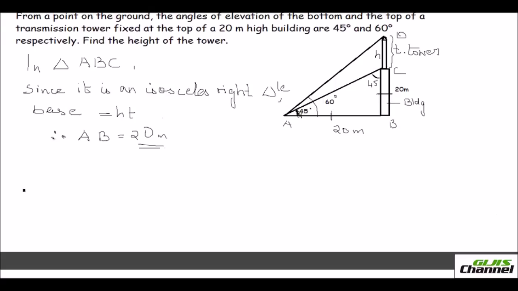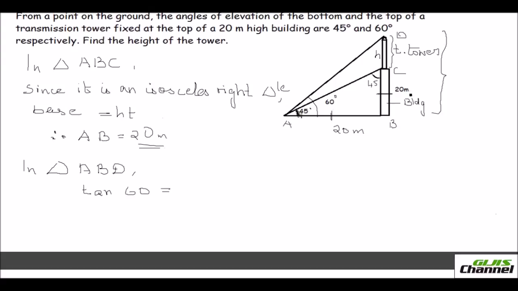Now let's do the bigger triangle, okay? Triangle A, B and D this time. You got the base, right? And you need to find the total height. Tan 60 this time, right? Because for the bigger triangle it is tan 60. Tan 60 is equal to opposite.